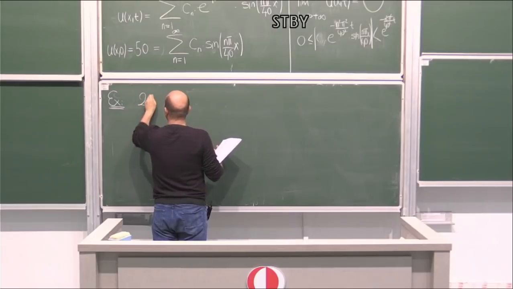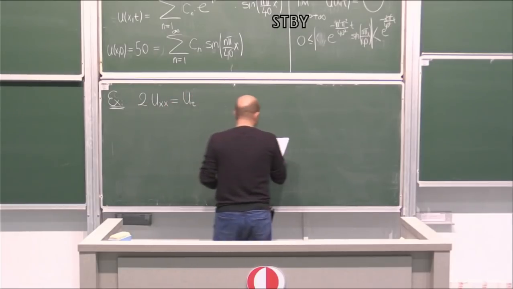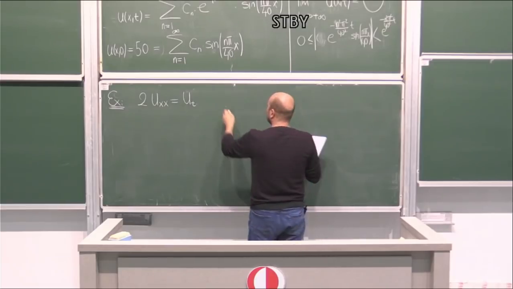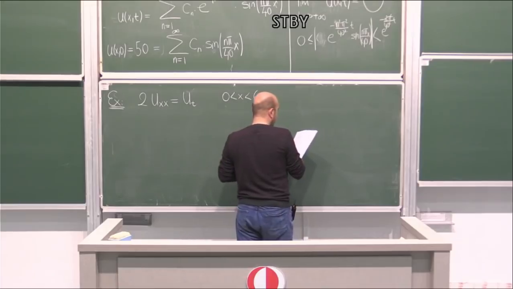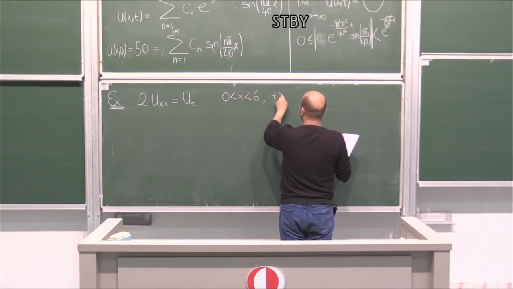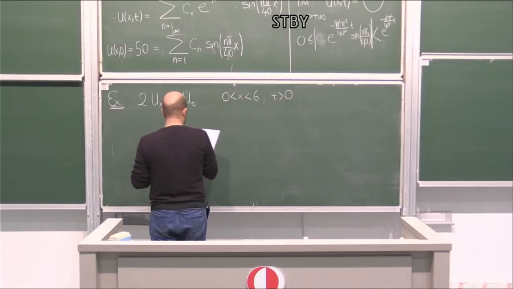So we are given 2 times uxx is equal to u sub t. This is the classical heat equation. Now we are given x is between 0 and 6 and t positive.